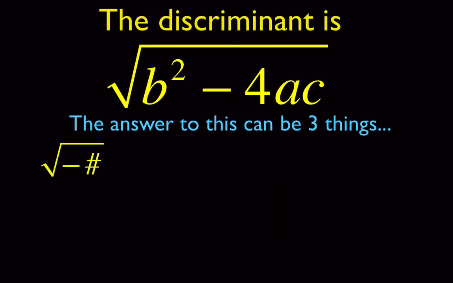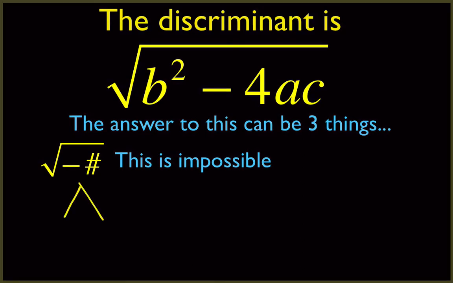Okay, so starting off, when the number that you get inside of there is negative, what this would mean is, if you think about it, the square root of a negative is impossible. You can't take the square root of a negative, meaning there are no numbers that multiply together to give it.